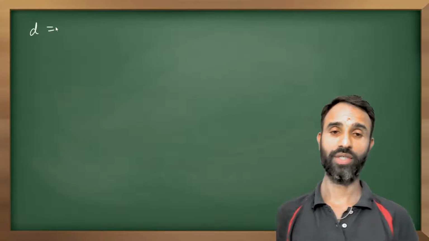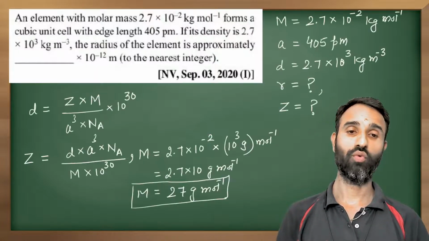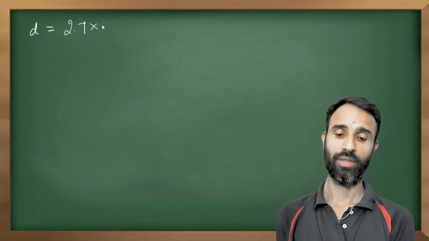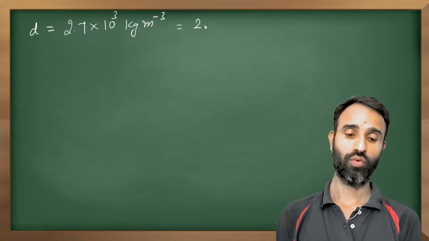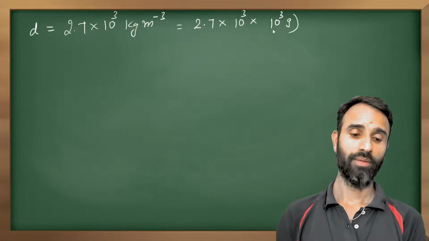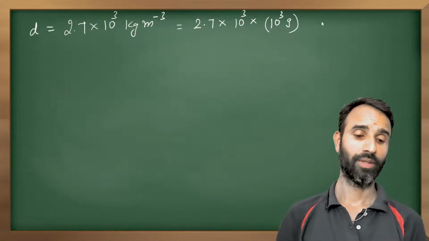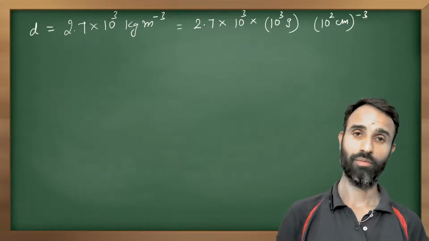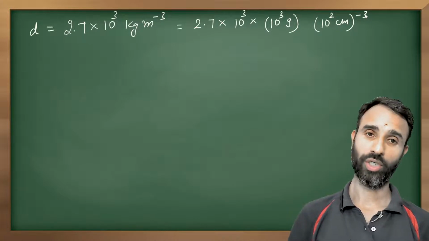Density is given, that is 2.7 into 10 raised to 3 kilogram per meter cube. So it is 2.7 into 10 raised to 3 into 10 raised to 3 gram per 10 raised to 2 centimeter whole raised to power minus 3.